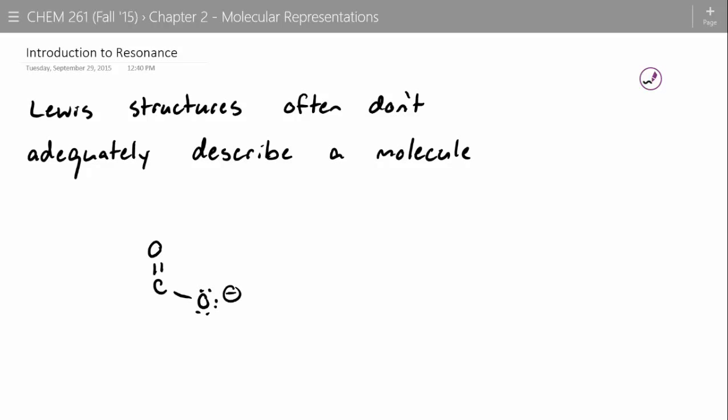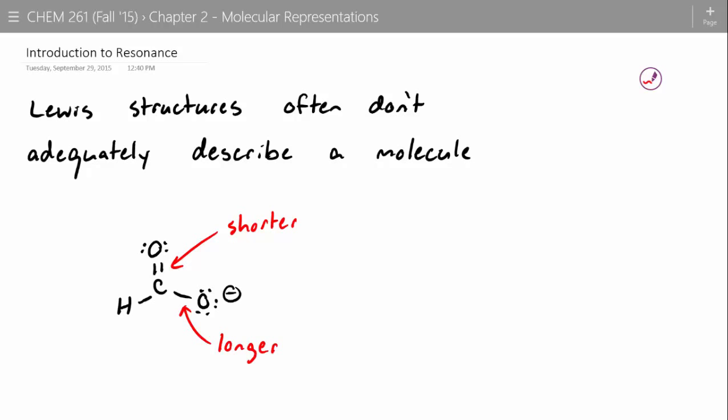So this oxygen has a negative charge. We've got a hydrogen coming off here. If we look at this, which bond is going to be shorter, the carbon-oxygen double bond or the carbon-oxygen single bond? Double bond. So if we look at the Lewis structure, we would say this one should be shorter, and this one should be longer.